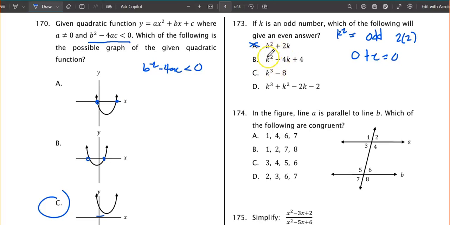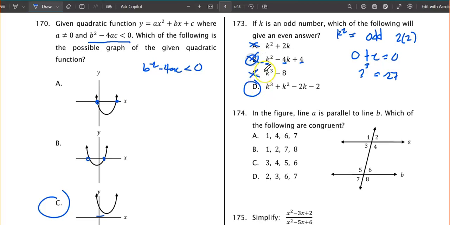What about this one? This is odd minus even plus even. Still, this is odd. What about this? When you raise an odd number to the power of 3, it is still an odd number. Example, 3 cubed is 27. So odd minus even, still that is odd. So our answer here will be letter D?